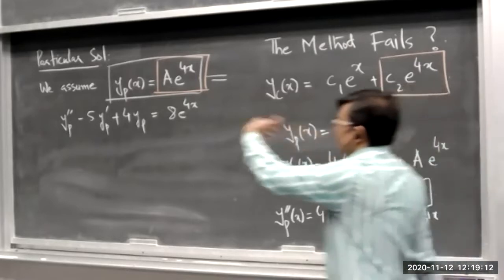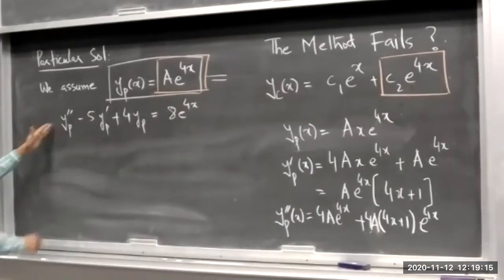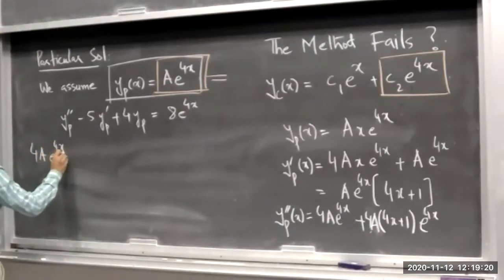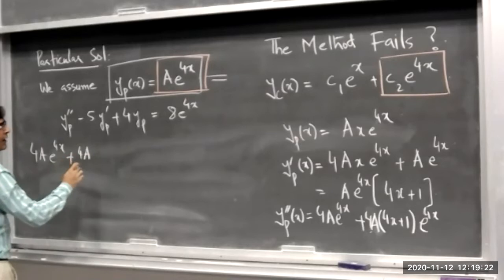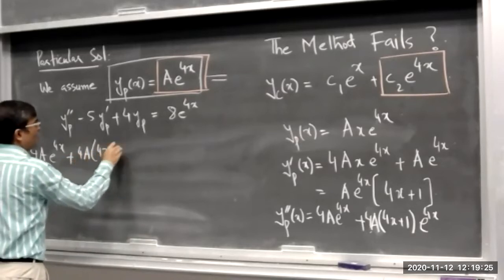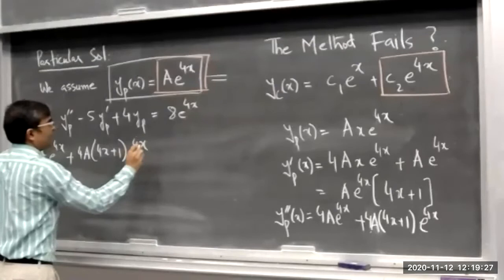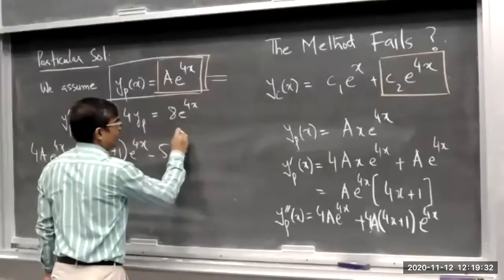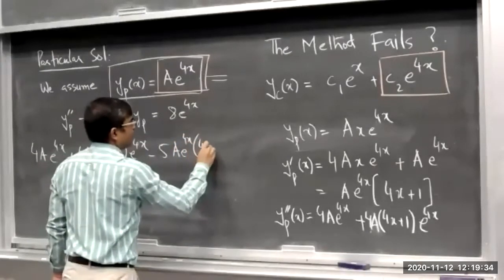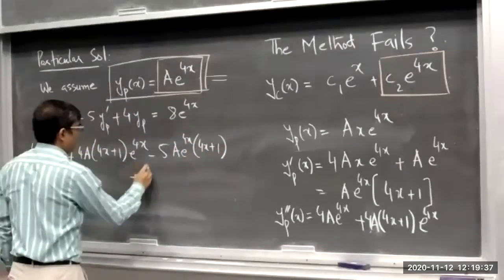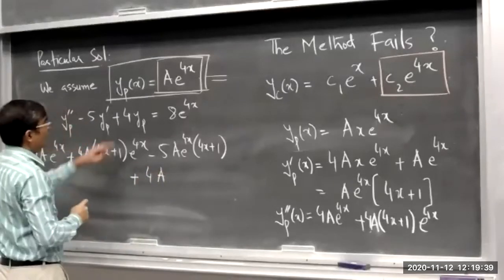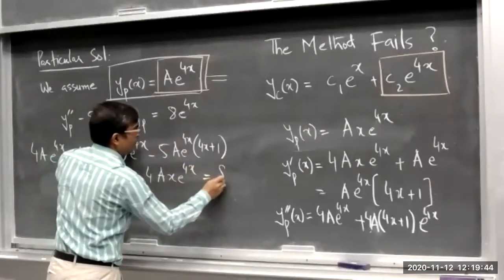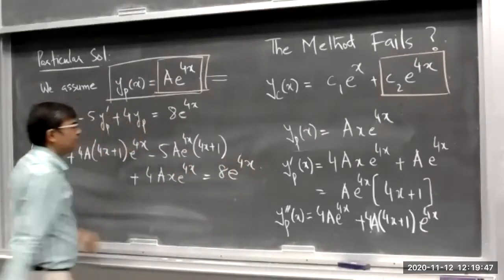We put all these values in the given differential equation here. What we obtain is 4a e raised power 4x plus 4a times (4x plus 1) e raised power 4x, minus 5 times the first derivative. The first derivative is a times e raised power 4x times (4x plus 1) plus 4a, this one, yp, 4ax e raised power 4x, is equal to 8 e raised power 4x.